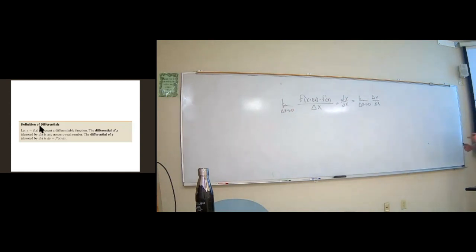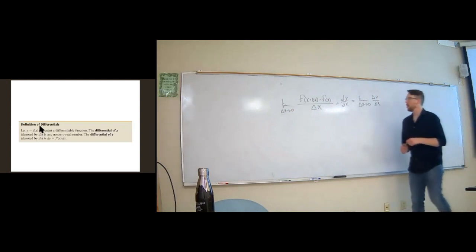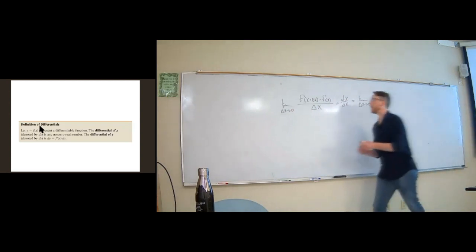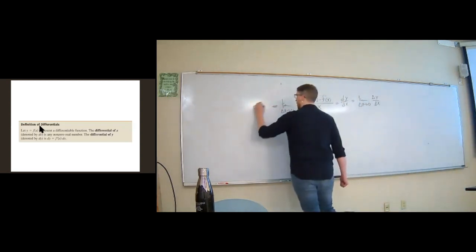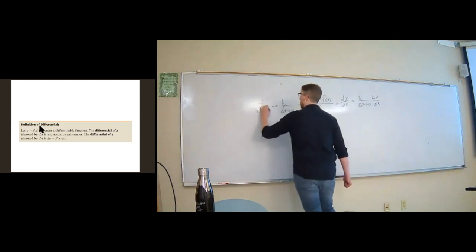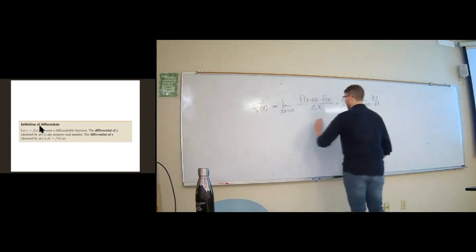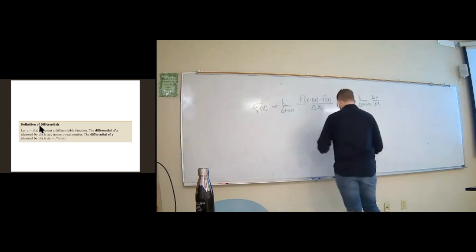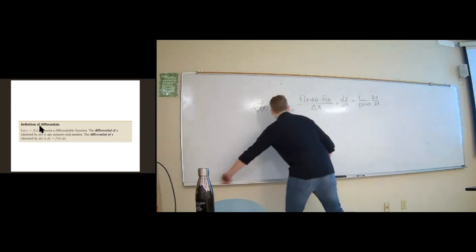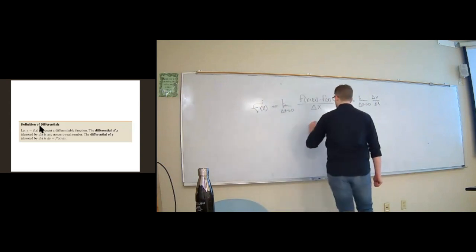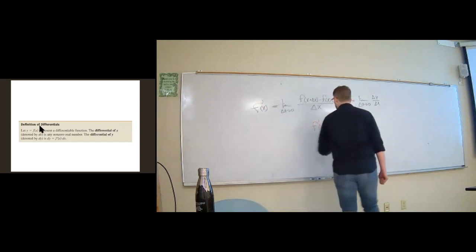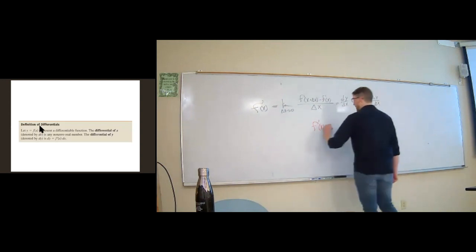and in that way, when we have this, the derivative of f(x), we have something like f prime of x, and we multiply it by dx. This is like dy.